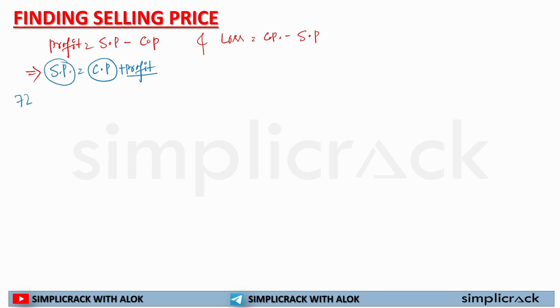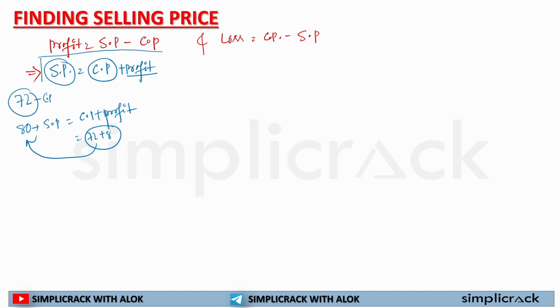In the first question, 72 was the cost price of the toy. 80 rupees was the selling price of the toy. So I can write selling price as cost price plus my profit amount, right? Here my profit amount is 8, so 72 plus 8 is my sales price.